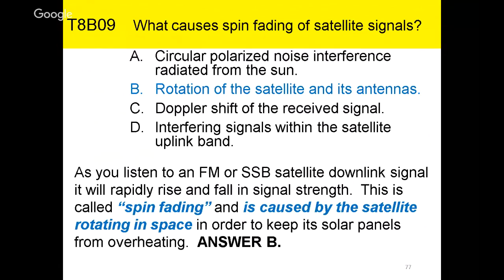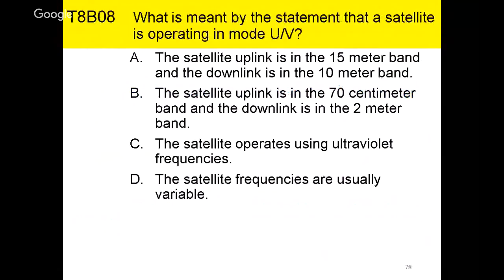But it needs to do that in order to keep the solar panels, which power the station, from heating up too much. Also, you want to make sure that you limit your power when talking to a satellite, so you don't overpower the station. Remember that there is a way to communicate with a satellite. There's an uplink and a downlink frequency. And here we're going to talk about it.